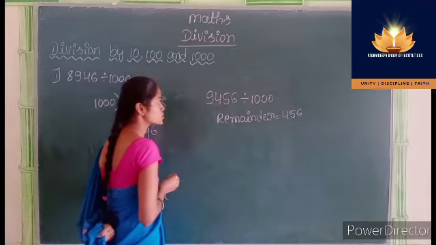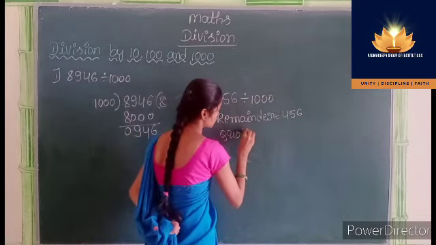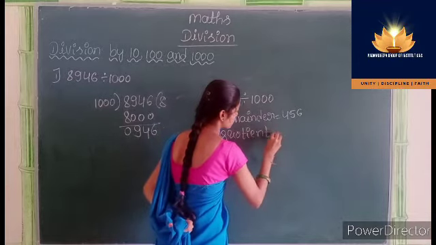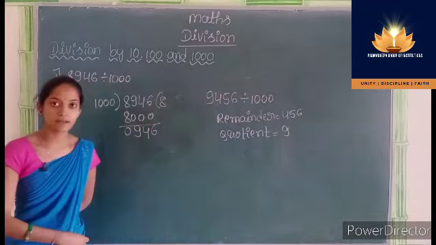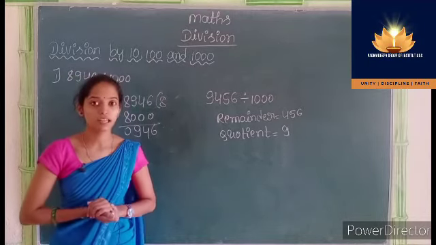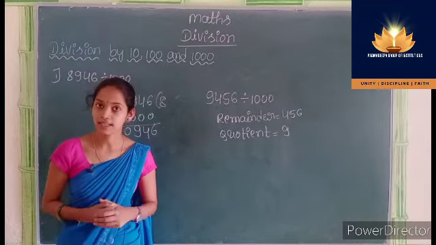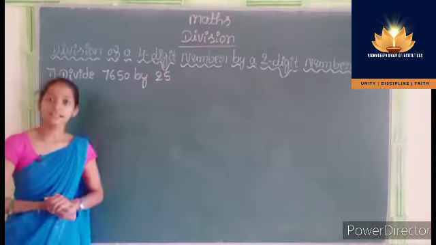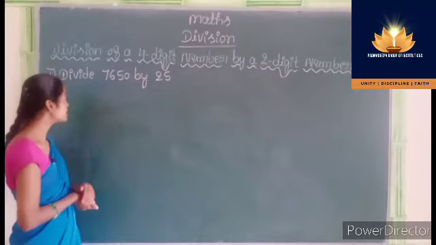And which one is quotient? 9 is quotient. So like this we can say which is remainder and which one is quotient without actual division when we divide a number by 10, 100 and 1000. Let us see how to divide a 4-digit number by a 2-digit number.